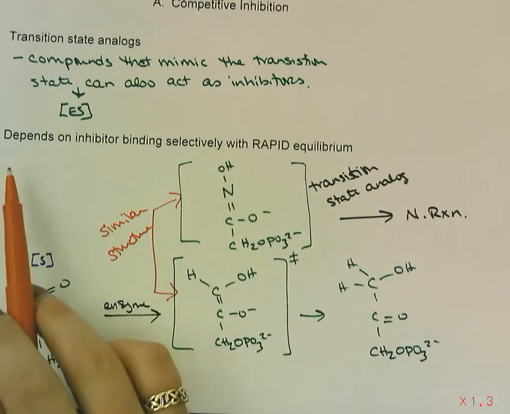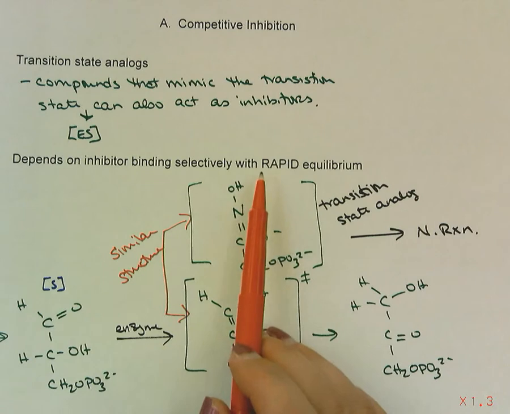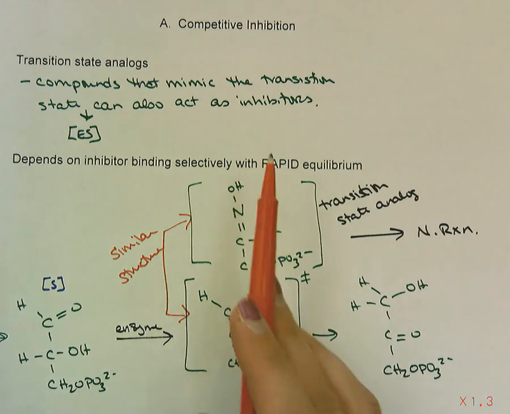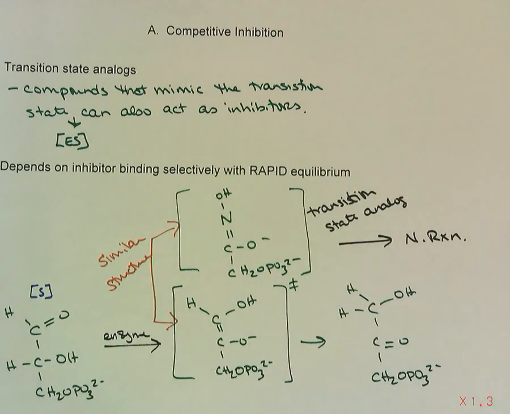So, transition state analog depends on the inhibitor binding selectively and rapidly.